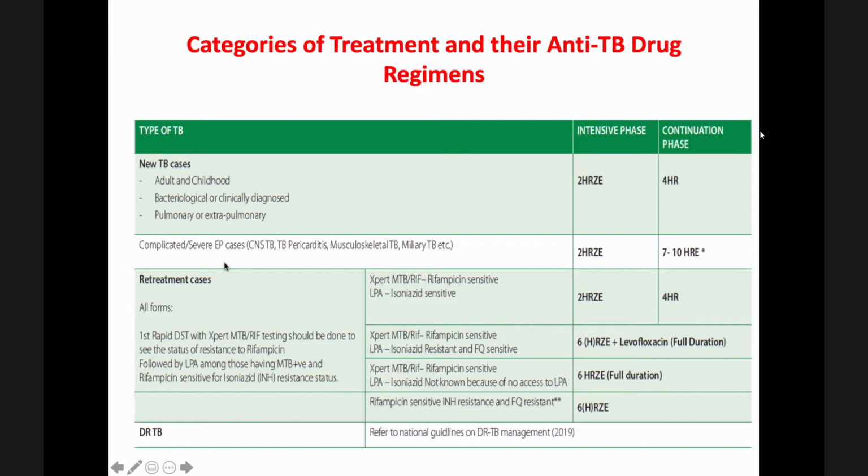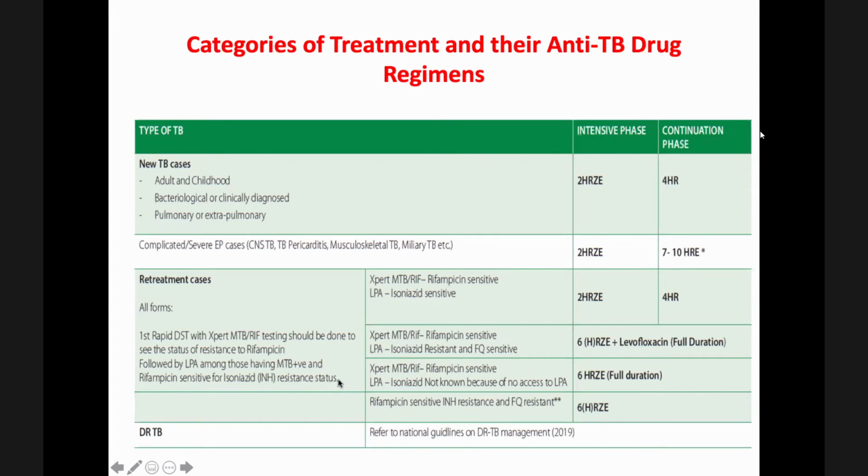While for the retreatment cases, you are going to use it for all forms. First, you are going to send the rapid drug sensitivity test with Xpert MTB/RIF testing to see the status of resistance to rifampicin, followed by the line probe assay among those who are MTB positive and rifampicin sensitive, for isoniazid resistance.